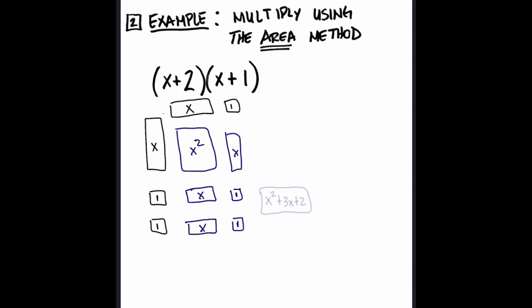So when we add these up, we got an x squared, and we got 3 x boxes, so that is 3x, and we got 2 1 boxes, so that's plus 2. And this is our answer when we multiply binomials using the area method.